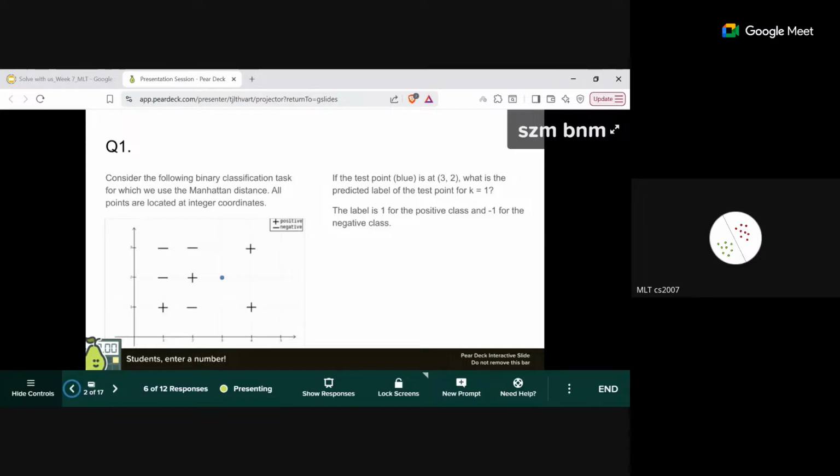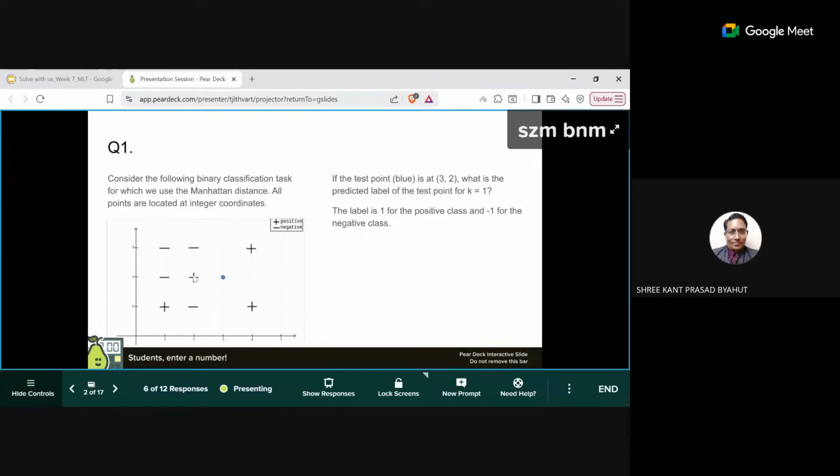In this case, the closest one I can see is 2 comma 2, the plus one, and it turns out that even with the Manhattan distance this is the closest, but it is not always the case. We cannot decide visually. Even if it is visible, we have to calculate the distance.